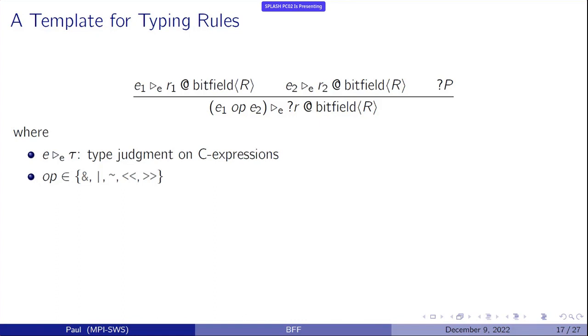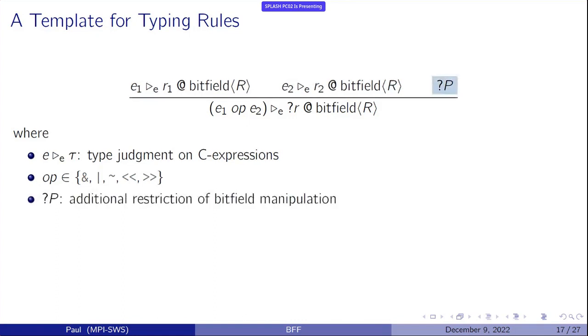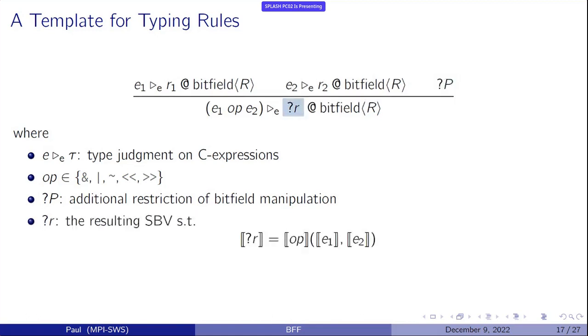The interesting thing about this typing rule is two points. The first is that, since each kind of bitfield manipulation has some restrictions on how the bitwise operator is used, we need a placeholder $P to figure out the additional restriction for this kind of bitfield manipulation. And second, the $R is the refinement of the resulting type.